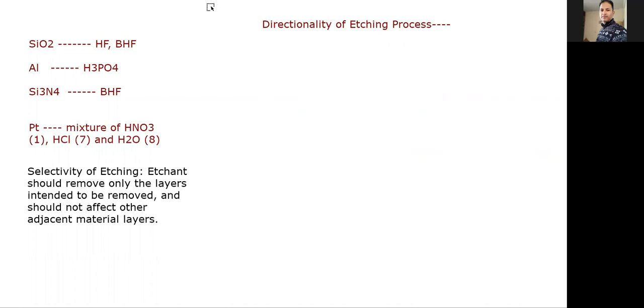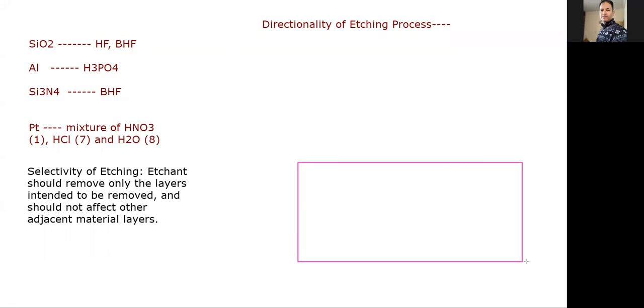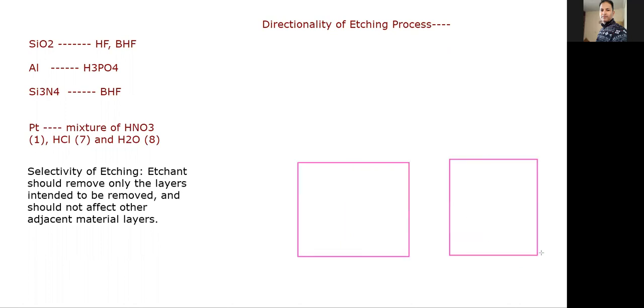We will understand it by an example. Let's have two cases. These are silicon substrates.